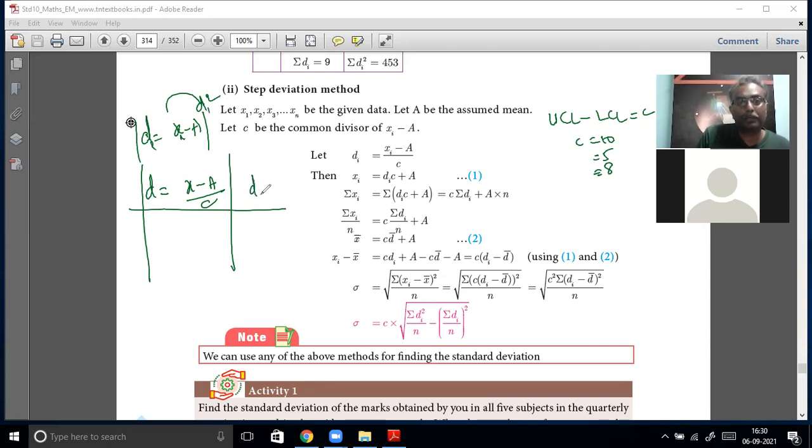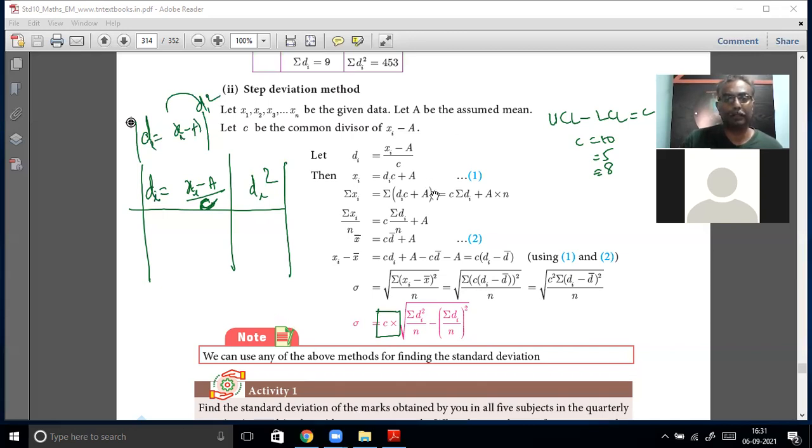Same way here also you have to calculate D of I squared, but you have to divide by C for D of I. Then in the final formula, you have to multiply the whole thing by C. Same as the root of sigma D of I squared by n minus the square of sigma D of I by n, into C. Finally, you will get sigma. So here you divide by C for D of I, and finally you multiply the whole thing by C. That is the only difference in the step deviation method.